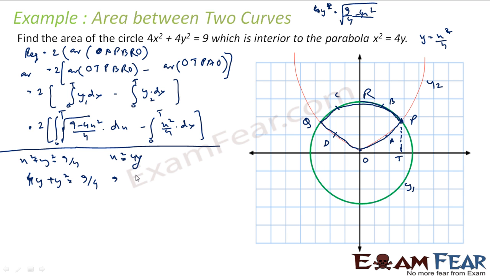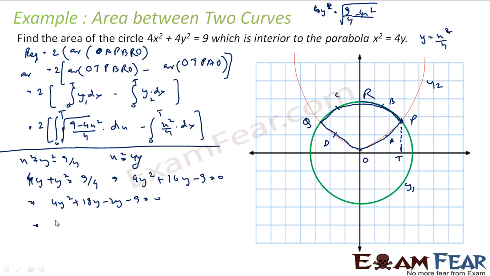So the equation becomes 4y square plus 16y minus 9 is equal to 0. Factorize this: this is 36, this is 16, I can write 18 into 2, or 18 minus 2 is 16 also. This becomes 4y square plus 18y minus 2y minus 9 is equal to 0.